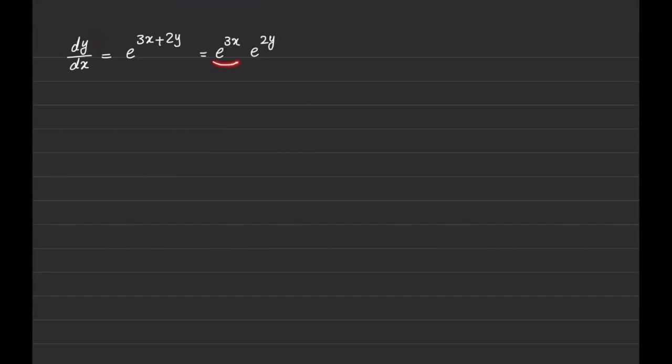So we have a function of x times a function of y, and we can separate this differential equation. We will have dy divided by e to the power of 2y equal to e to the power of 3x times dx, or we can rewrite it as e to the power of minus 2y times dy is equal to e to the power of 3x times dx.